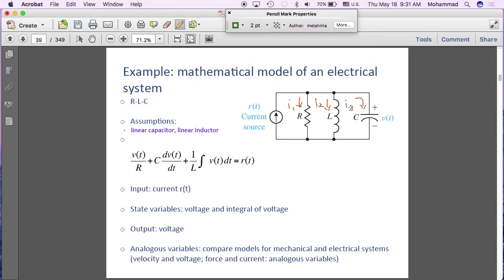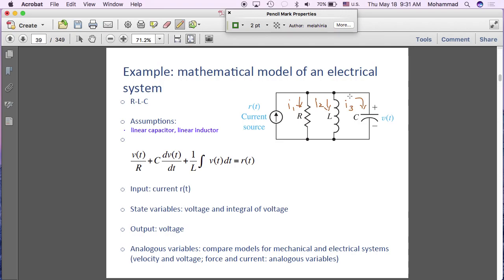what can we write as the relationship between I1, I2, I3, and R, which is the source of current? What is the relationship that we can write? How do we know that? Look at each of these nodes.